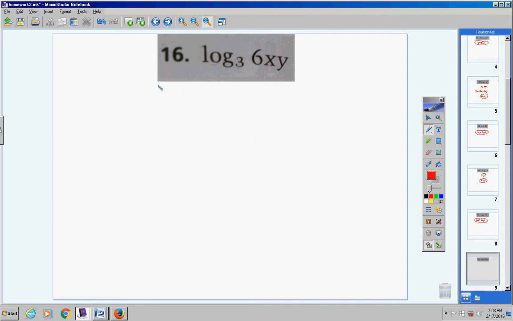Good, now we're getting into some more multiple type of argument problems. We need that. Okay. Notice here in this argument, I have all multiplication. I'm multiplying 3 things. So, because I'm multiplying 3 things, 1, 2, 3, I'm going to write 3 logarithms.